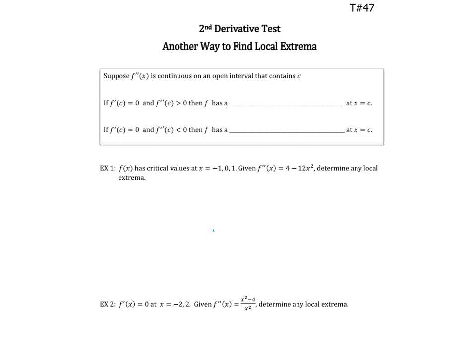It says, suppose f double prime, the second derivative, is continuous on an open interval that contains c. If f prime of c equals 0 and the second derivative is positive, then what's going on? Well, let's look at these two statements. If the first derivative is 0, I could draw three different things.